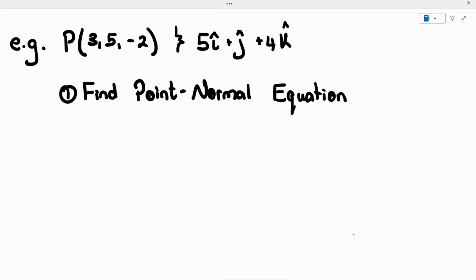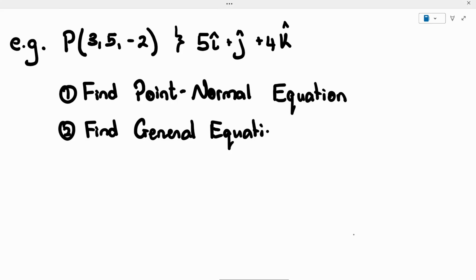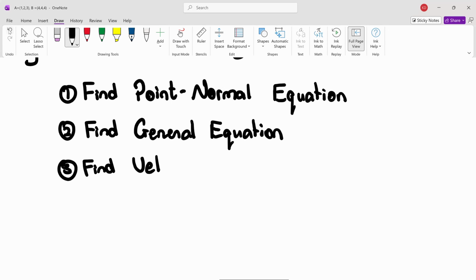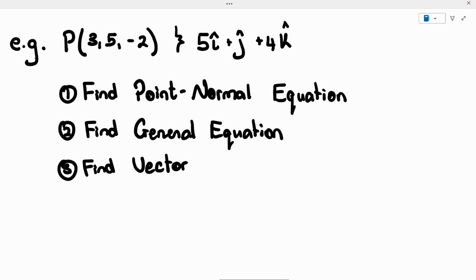Then I want you to find the general equation, and of course the vector equation of this plane. Okay, so take 2 minutes and try this question.